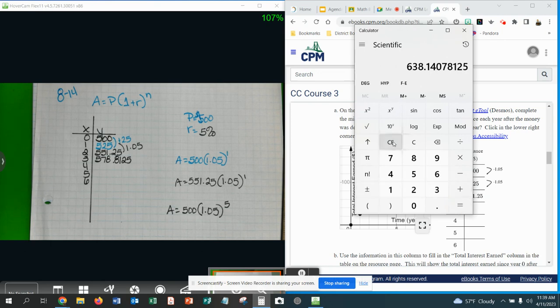So let's see what we get for year 10. It's going to be 500 times 1.05, exponent button, and then 10. You see, the exponent button might be A. See how this is X and Y?